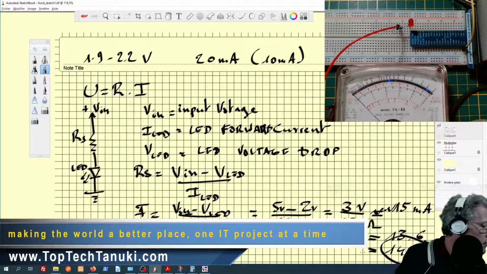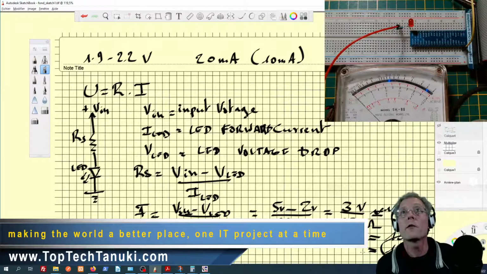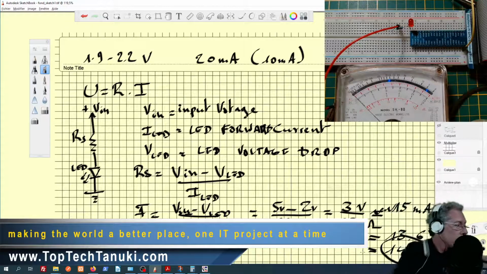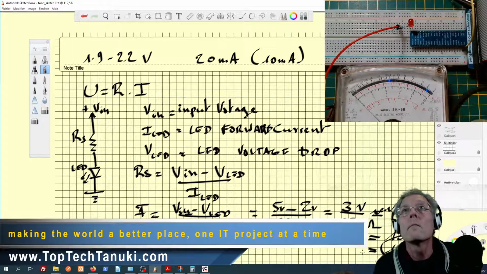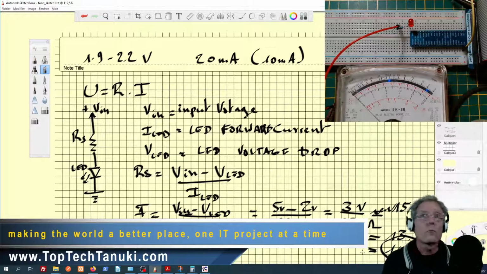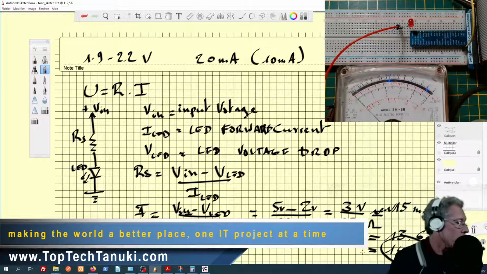My ampermeter is tuned on a 50 milliampere range, which means that if I go full scale, it will be 50, and we only have ranges marked 25, 10 and 5. It's not digital, it's an analog multimeter.